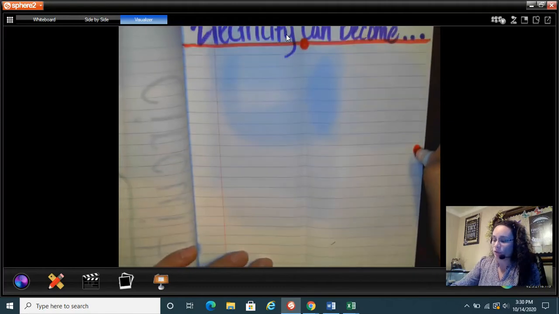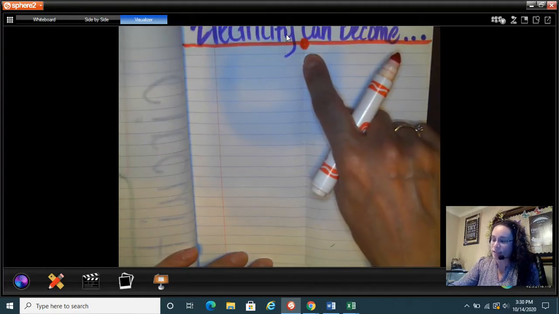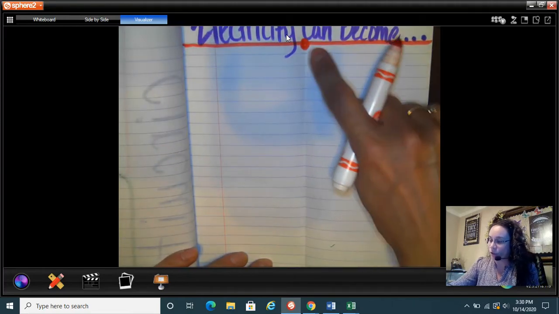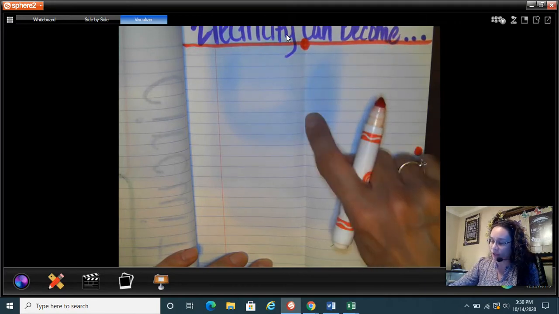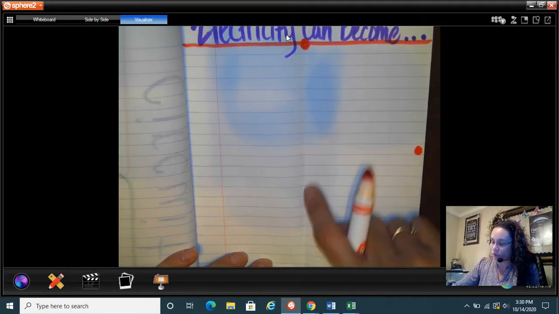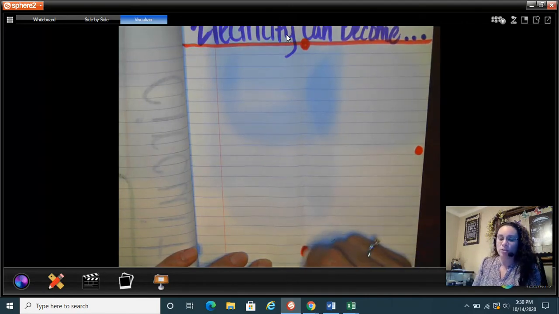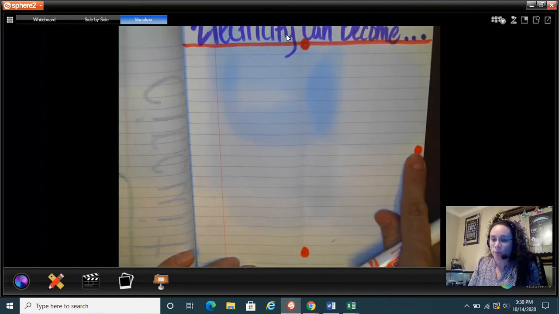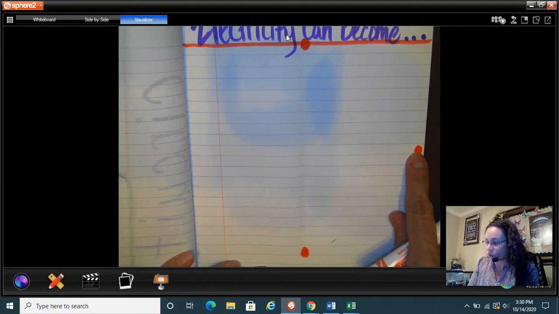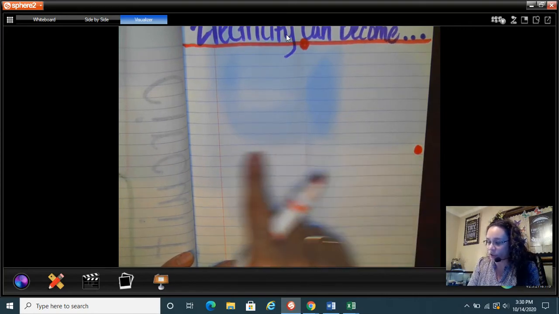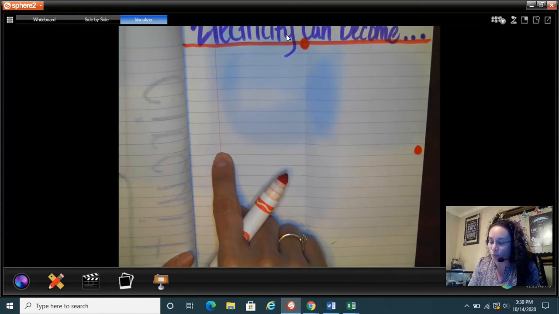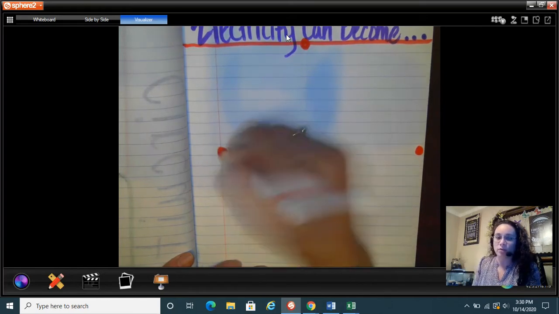Okay, and then from this first dot, I skipped 20 lines. Okay, and I put a dot there. So I'm going to put a dot in the same place as the one over here on the side. So I'm going to stop at that pink line from your notebook and put another dot.